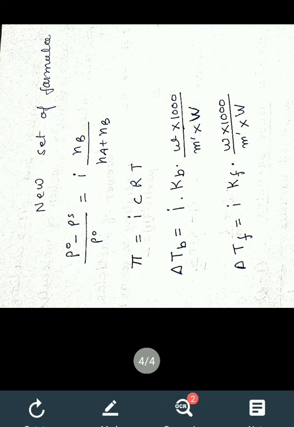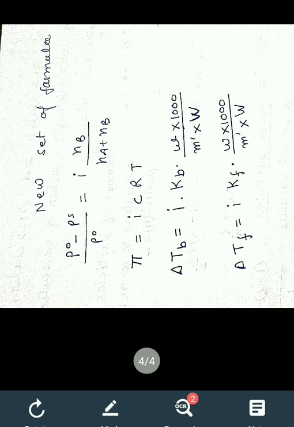Now the mole fraction of solute will remain at its place, only the thing is van't Hoff factor will be multiplied to the mole fraction of solute. So now your formula will become P naught minus Ps upon P naught is equal to i into Nb upon Na plus Nb. Same way, the osmotic pressure formula, pi will be written as iCRT. It means van't Hoff factor i has to be taken into consideration in all the cases.